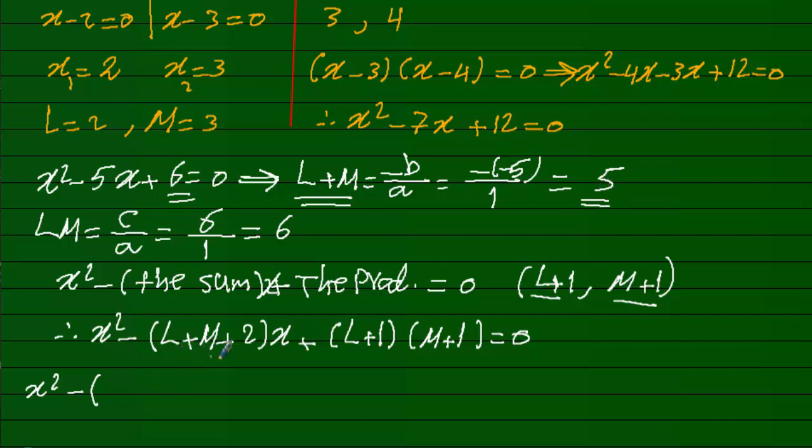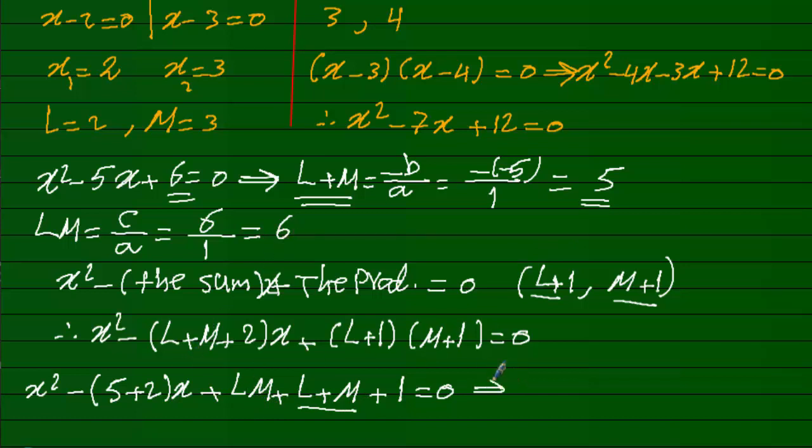So we substitute L plus M equals 5 here, plus 2, multiplied by x, plus, let us expand the two brackets. L multiplied by M is LM, plus L multiplied by 1 is L, and 1 multiplied by M is M, and 1 multiplied by 1 equals 1, equals 0. Again, we substitute L plus M equals 5 and LM equals 6.